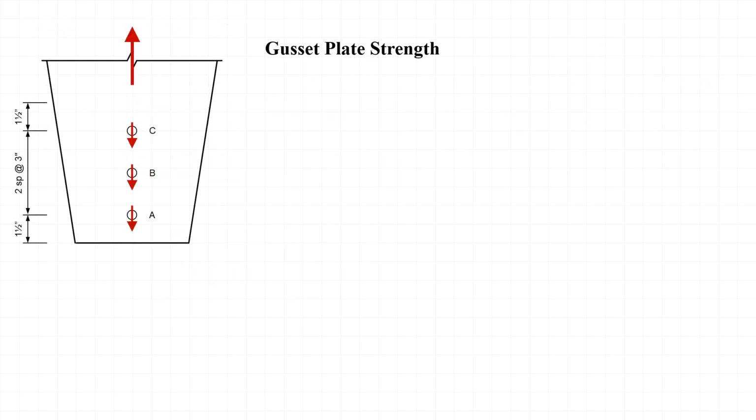Next, we'll calculate the gross section yielding and net section fracture strengths of the gusset plate. To do that, we often rely on something called the Whitmore section, after Richard Whitmore, who was a professor at the University of Tennessee in the 1950s and 60s. A description of the Whitmore section can be found in Chapter 9 of the AISC Steel Construction Manual, and there is a good article about it in AISC's Modern Steel Construction as well.